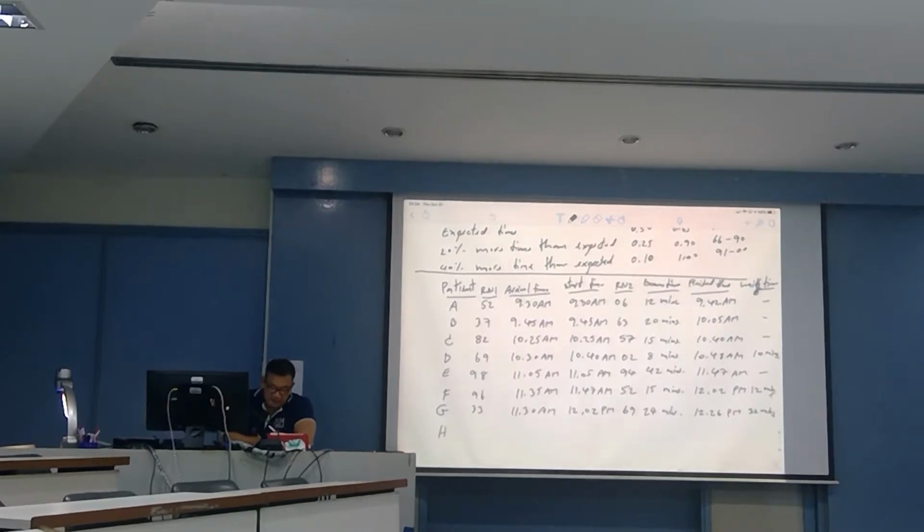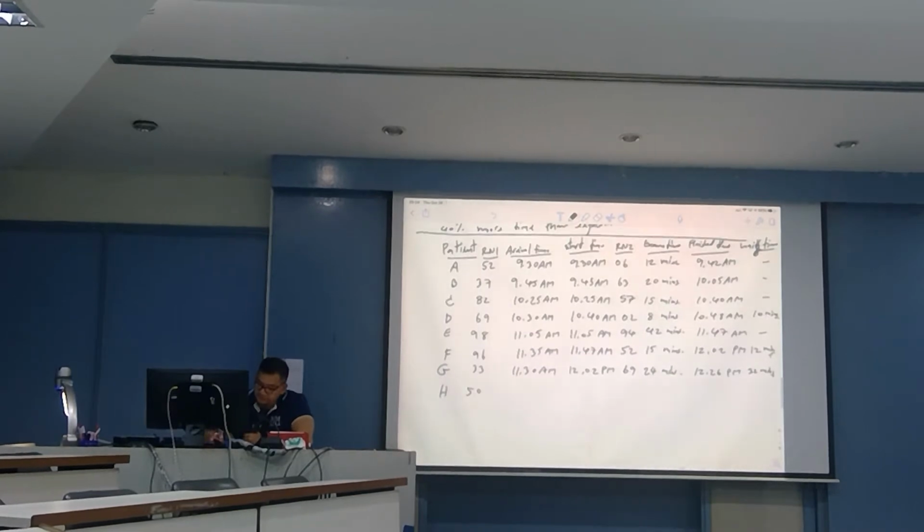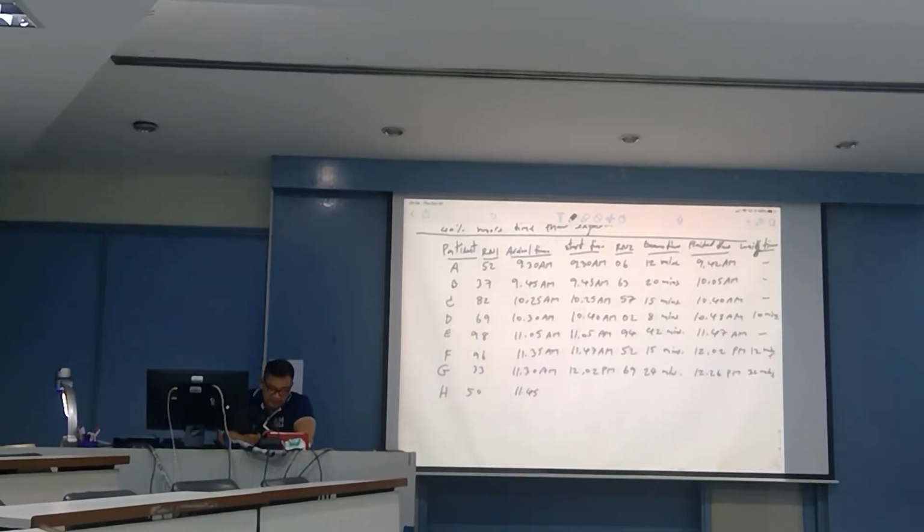And the last one, Ingo, is 50. 50 is in the range of 30 to 70, is on time. It's at 11:45, so it can start at 12:26.